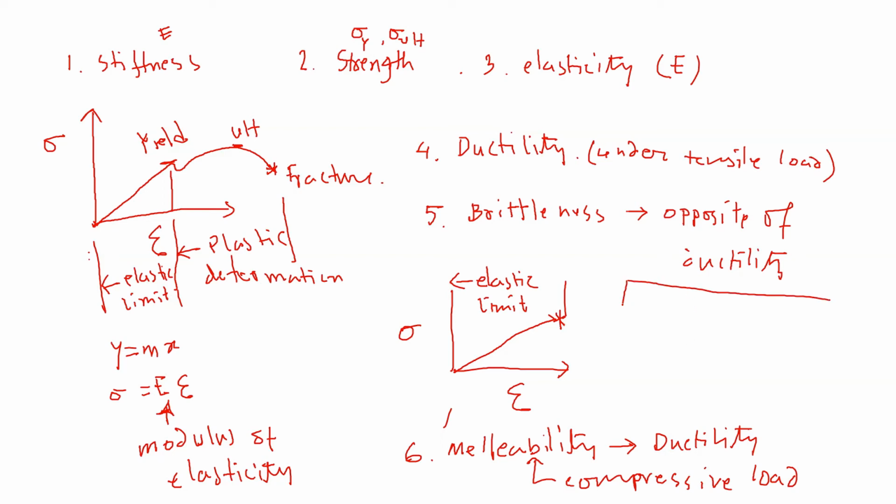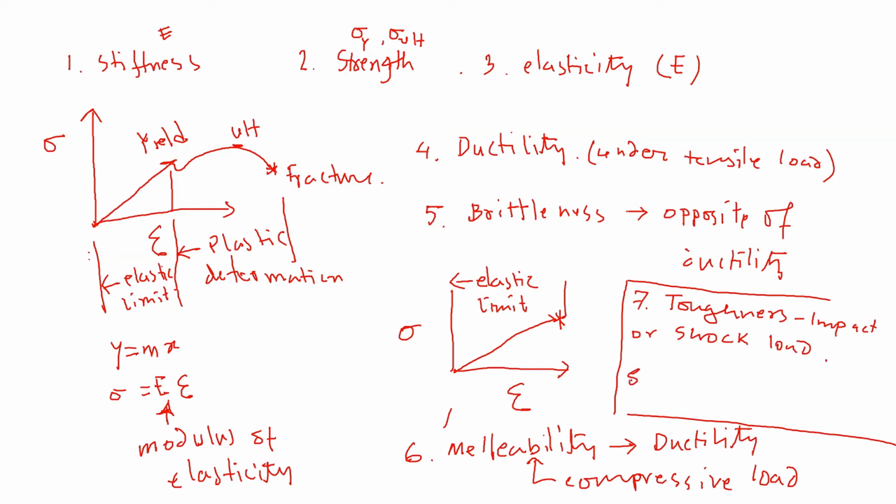Number 7 is the toughness. Toughness is defined by the impact, how much a material can take with respect to impact or shock load. So the ability of material to take impact or shock load.